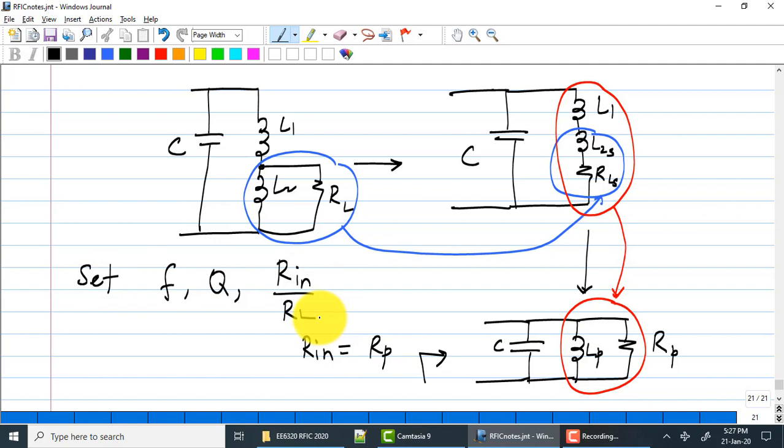So these are the specifications: 1 gigahertz, Q of 5, 200 by 50. How will you start? Based on these 3 parameters and the equations that you know, we should be able to find the easiest way to calculate these values, correct? Yeah.